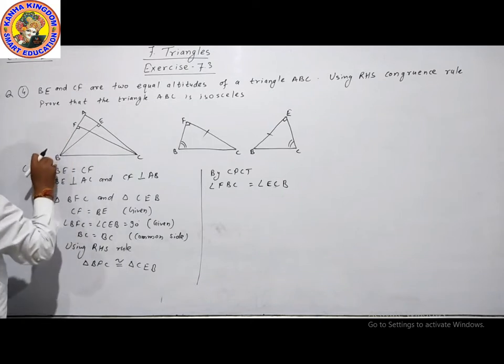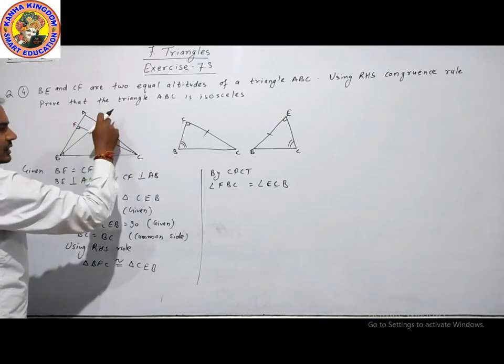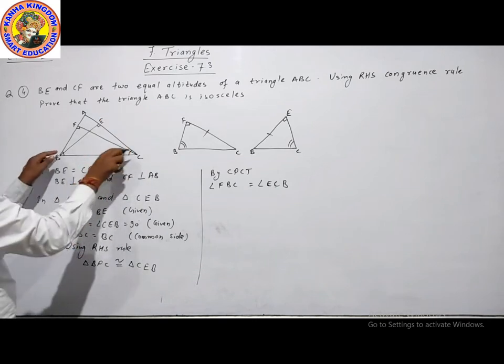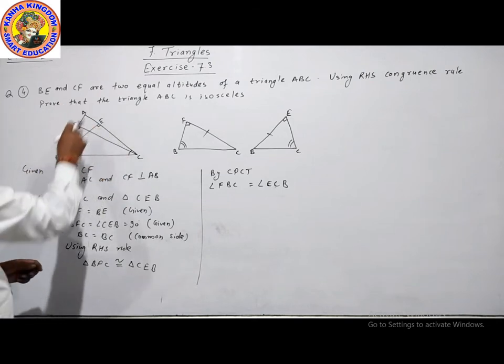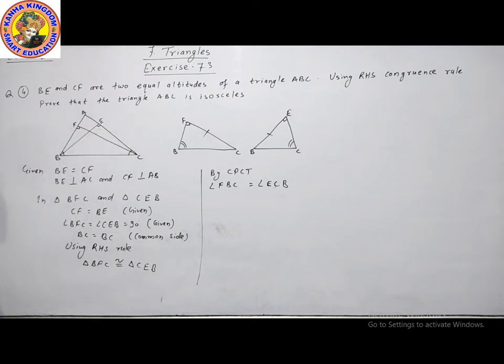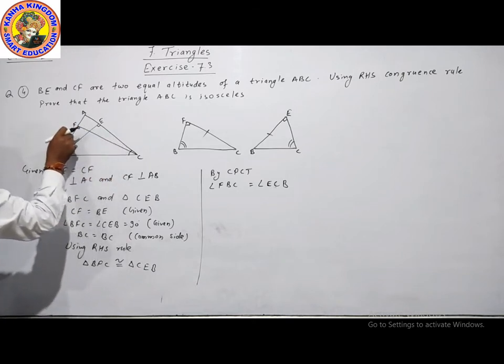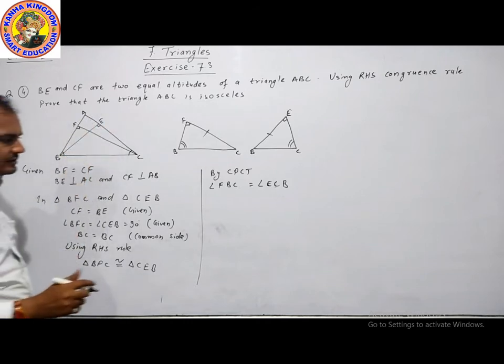FBC, this angle, and ECB, this angle, are equal. If in a triangle ABC two angles are equal, then the respective sides are also equal. Then side AB and side AC.